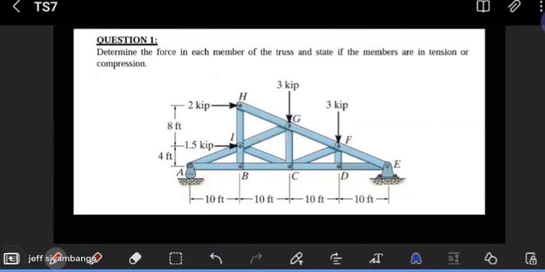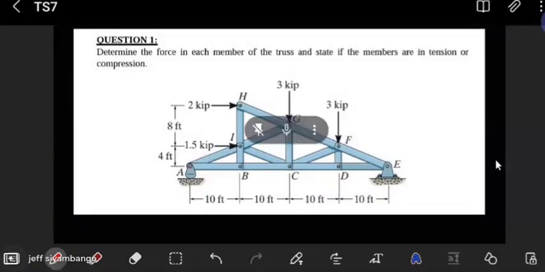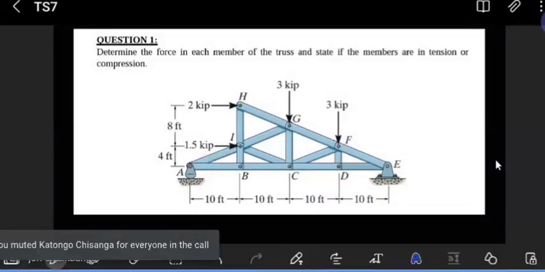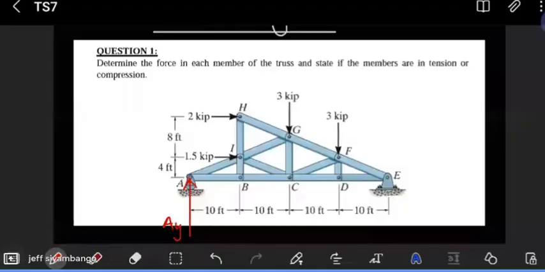And then we have this side where we have a pin. A pin will present two reaction forces. So where we have that rocker at point A, we have one reaction, let's label that as AY.